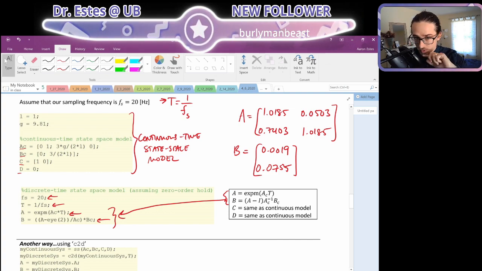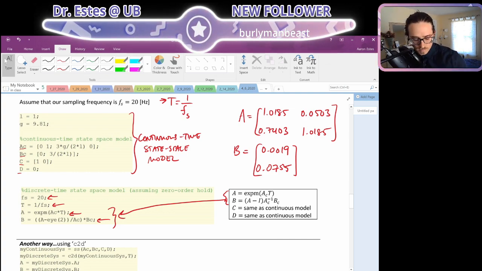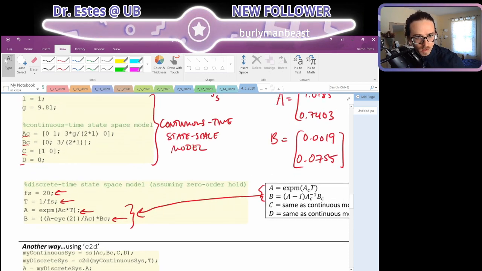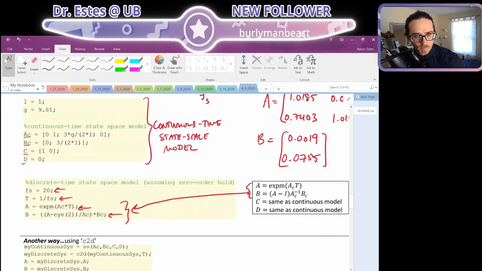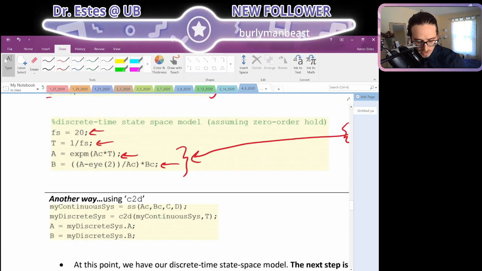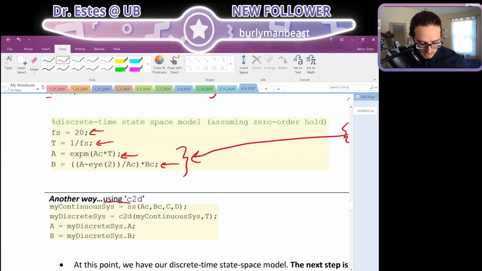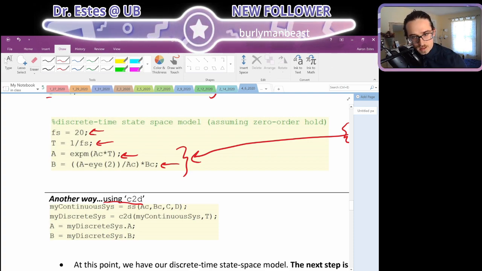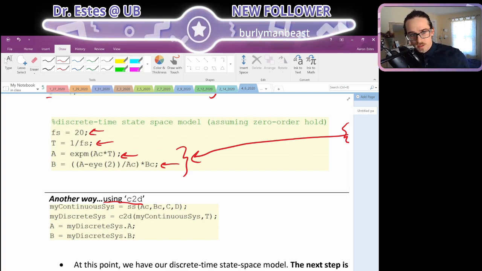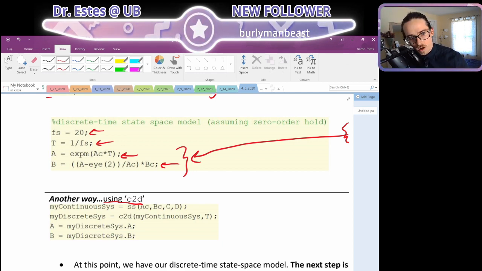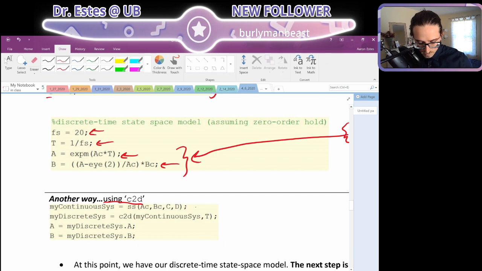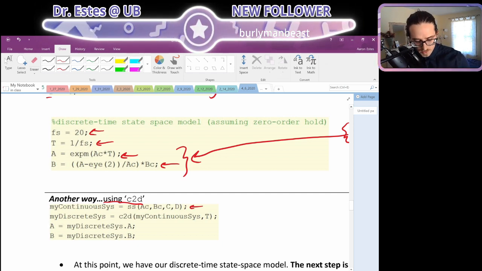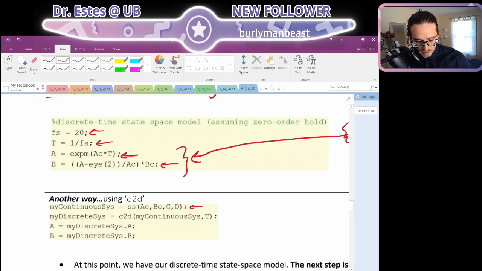So we have a discrete time state space model. But I want to show you another way to do this. There's this command called C to D, continuous to discrete. And this uses the same exact formulas that I'm giving above. It's just all contained. So the first thing you do is you have to define a continuous time state space object in Matlab.